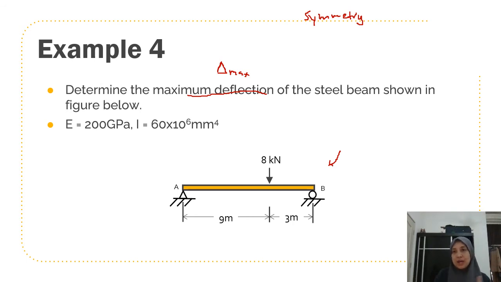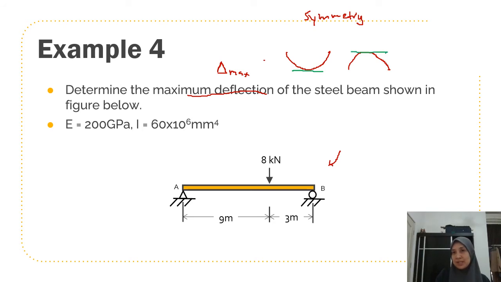So how do you determine the location of maximum deflection? As I mentioned before, our equations are a function of a curve. If you have a curve and you want the maximum of something, the slope of that line has to be equal to 0.